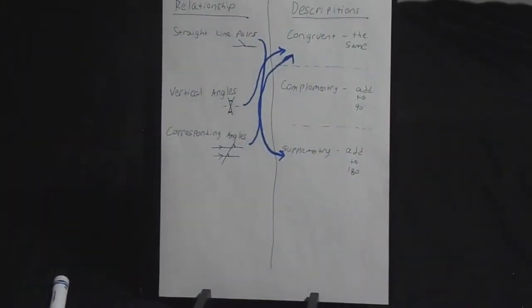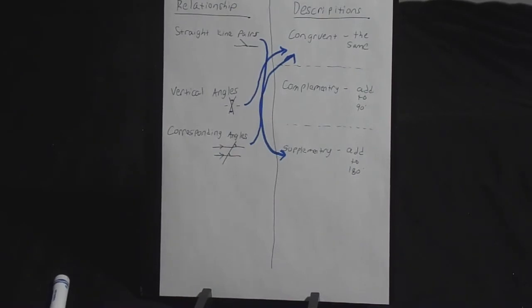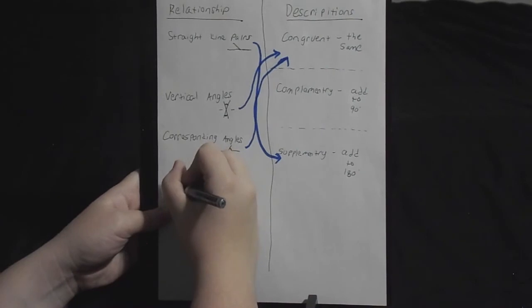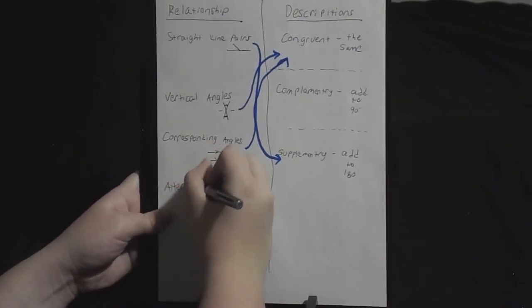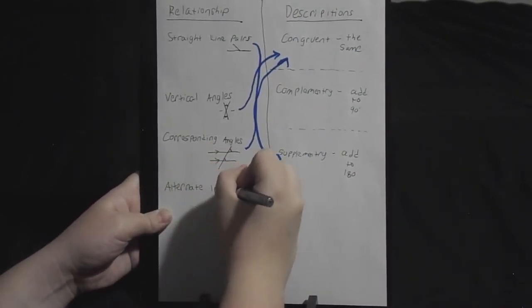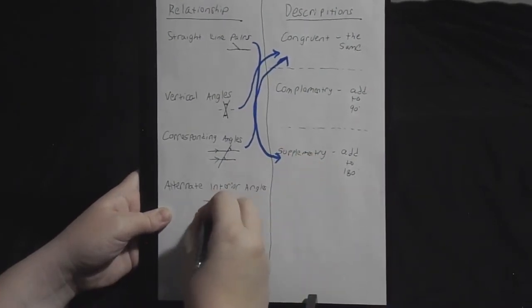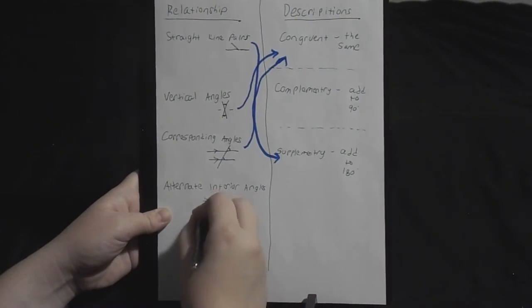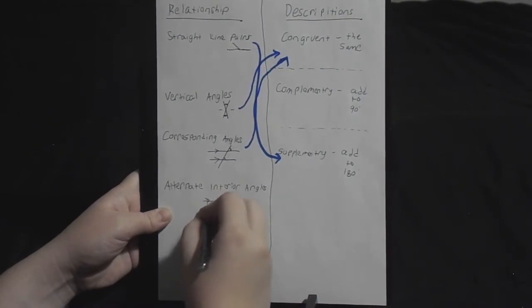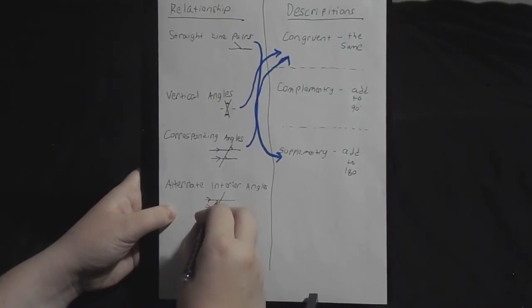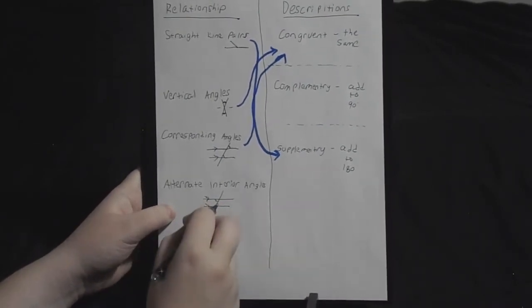So if I were to go back to my little chart with everything we've learned so far and add these two things in here, we have alternate interior angles, which when you have two parallel lines, give them an arrow each, make them parallel, with a transversal. Alternate interior would be this guy, and then this guy on this side here.